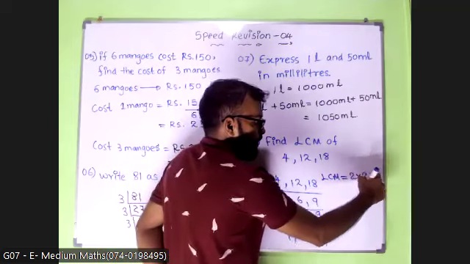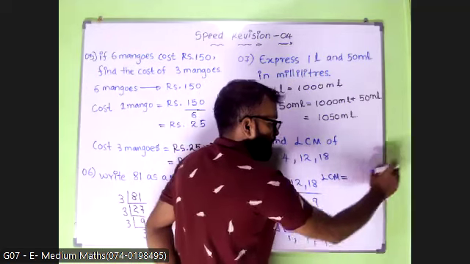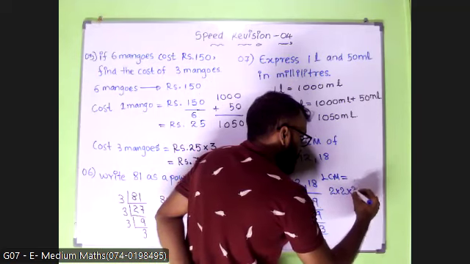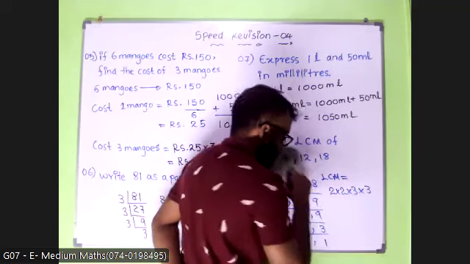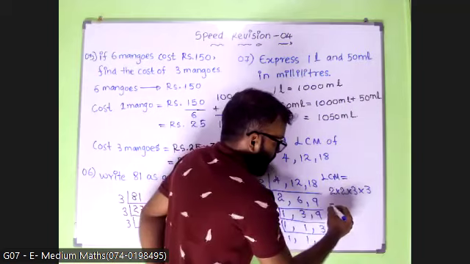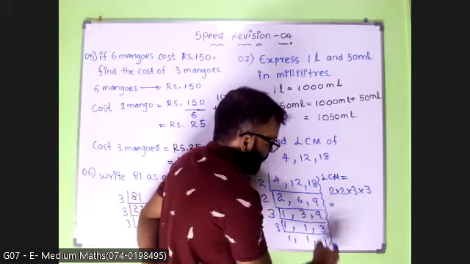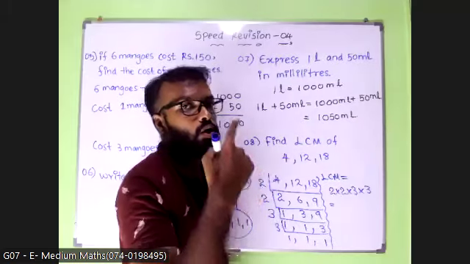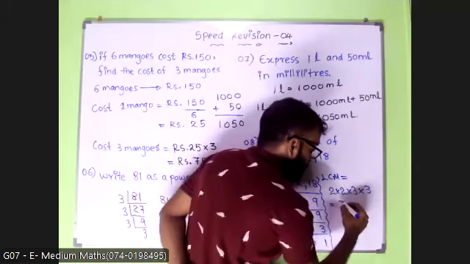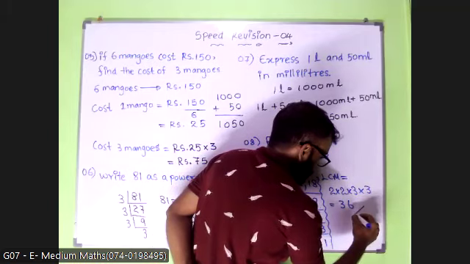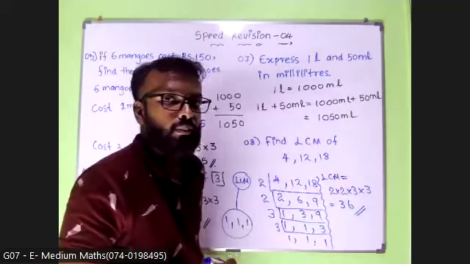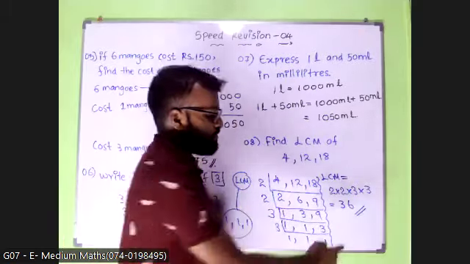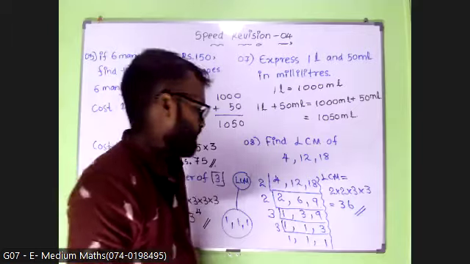So LCM will be 2 times 2, 4, 4 times 3, 12, 12 times 3, 36. So your least common multiple for these three numbers will be 36, right?